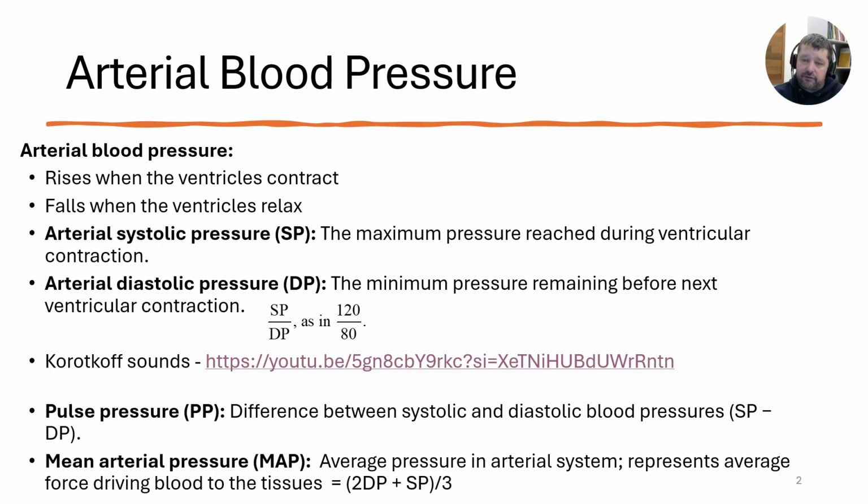To calculate that, it's fairly easy: 2 times your diastolic pressure, add that to the systolic pressure, and then divide it by 3. Again, normally this is used to compare individuals' MAPs to a table of averages, or maybe you've done treatments.